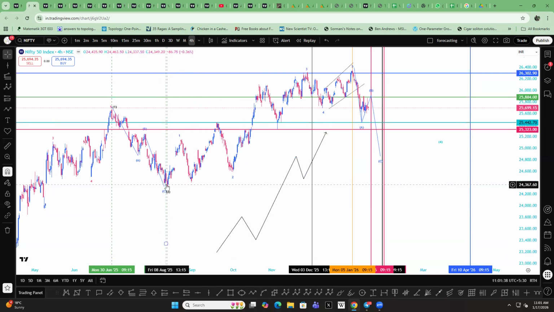If wave 3 has started from here, we are in wave 1 of 3, which we completed here on 5th Jan, and after that we are doing an ABC correction. So after that, a bigger wave 3 should start. Fine.